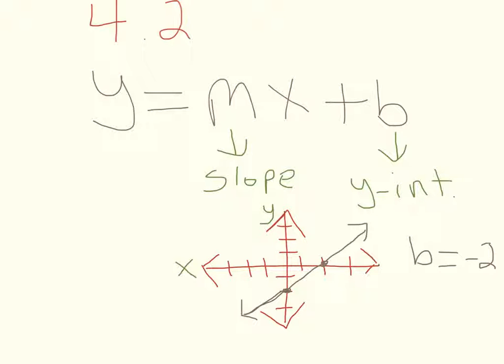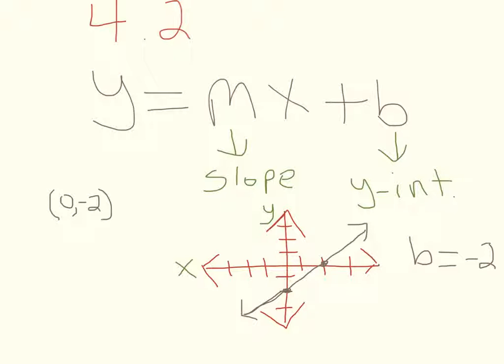Now, if I wanted to find the slope also of this line, there are two things I could do. Number one, I could take the two coordinates that I see, and use the slope formula, which we learned in section 4.1. The first point, going from left to right, is the point (0, -2), which also is the y-intercept.